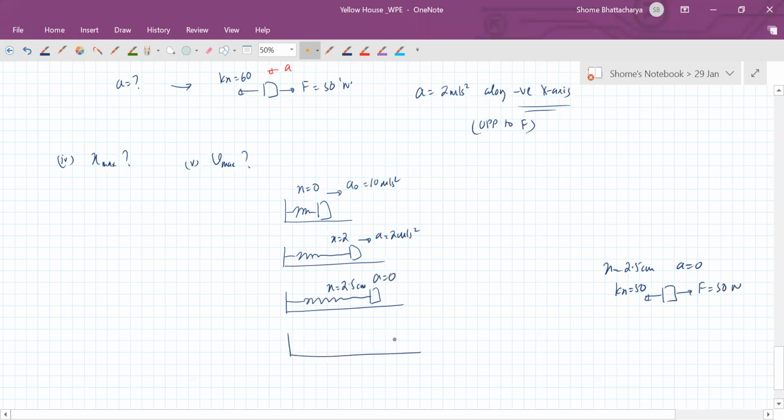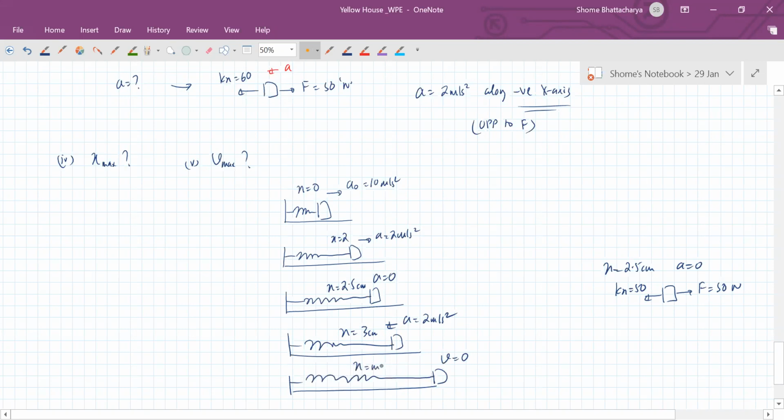And when it crosses this point, for example, when x is equal to 3 centimeters, we saw it has a negative acceleration, 2 meters per second square backwards. Okay. So what is happening is the speed now starts decreasing. So at some stage, the v will become 0.